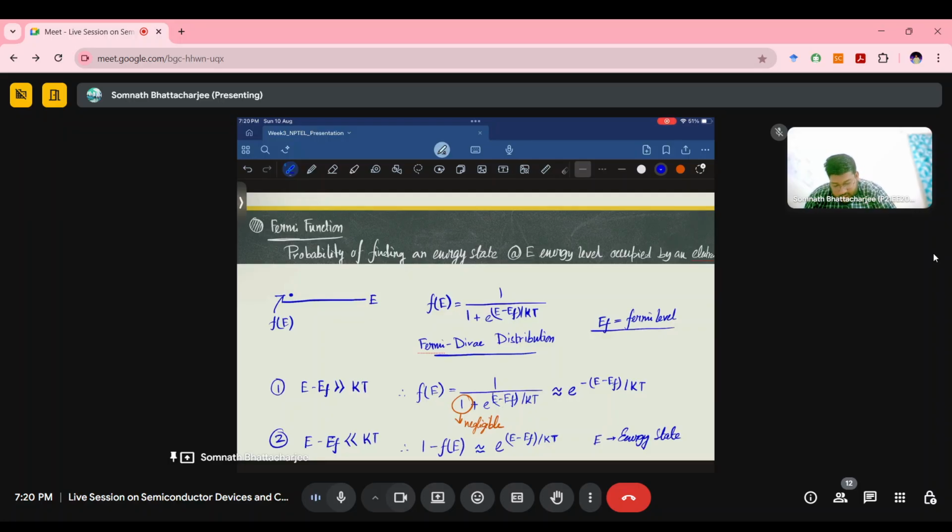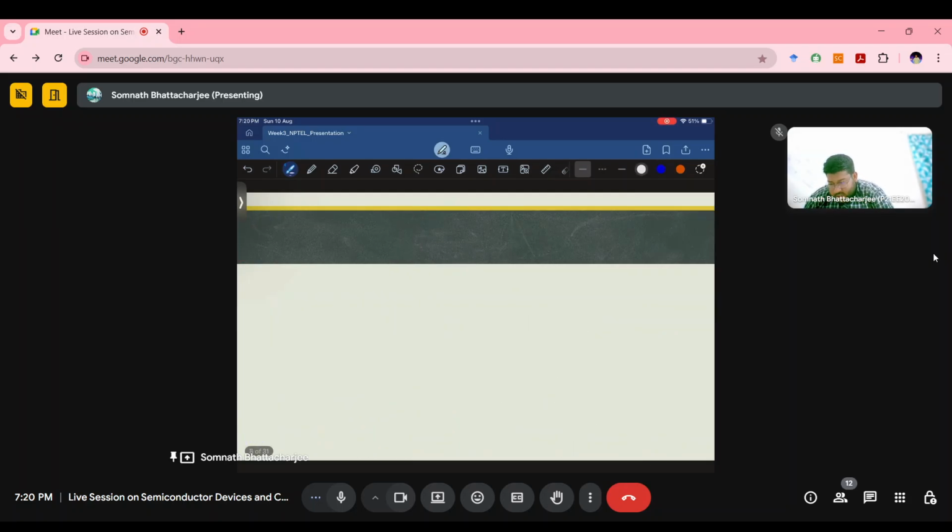So these are two special cases we have to remember for problems. And we'll move towards the basics of carrier concentration. We have already learned about carrier concentration, but based on these probabilities, the Fermi function, and the limits of ranges in which we can find the energy states, we can define carrier concentration again.